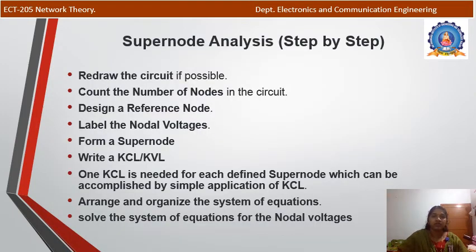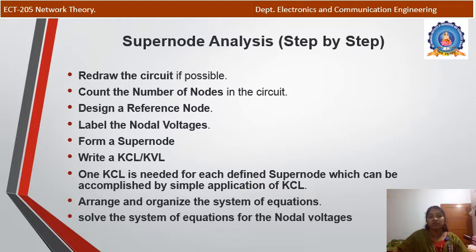The steps for supernode analysis are as follows. First, we redraw the circuit, count the number of nodes in the circuit, designate a reference node, label the nodal voltages, and form a supernode. Up to the fourth step, it is the same as what we do in nodal analysis.